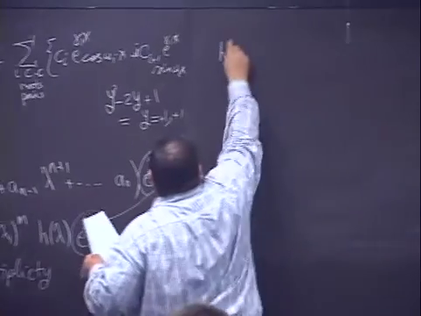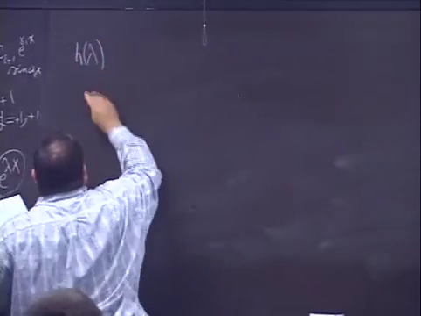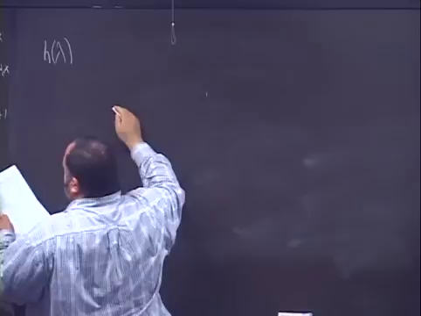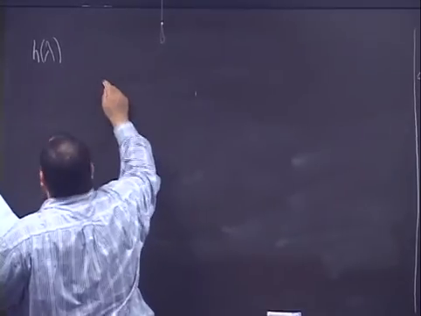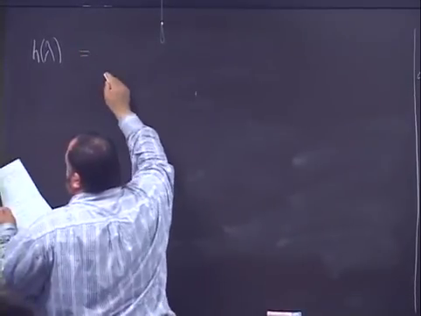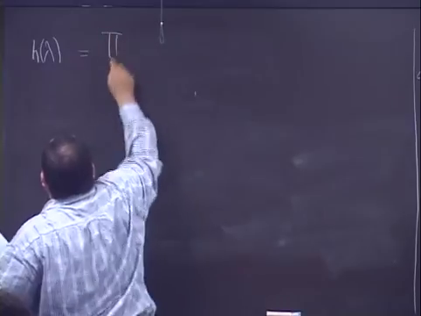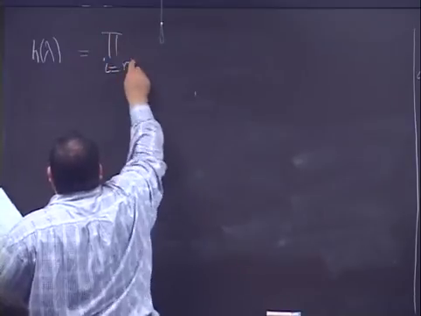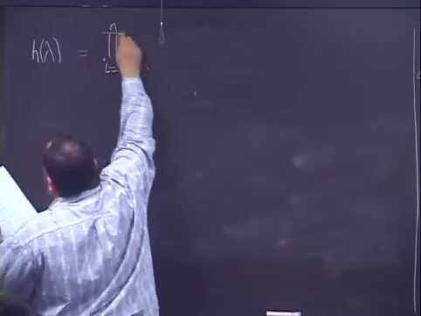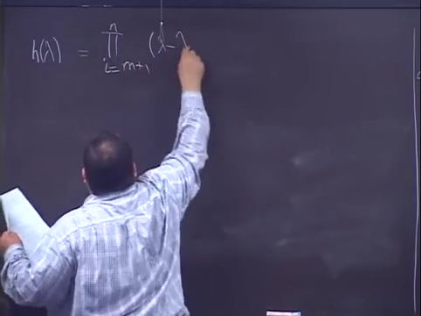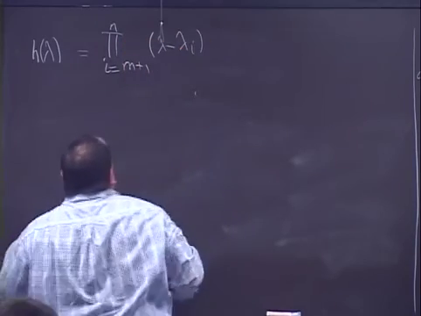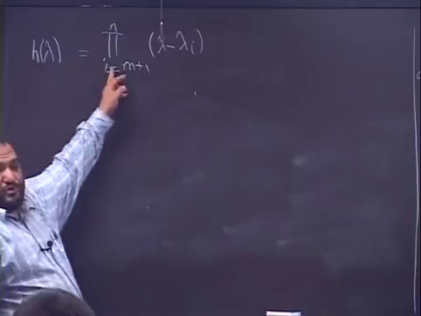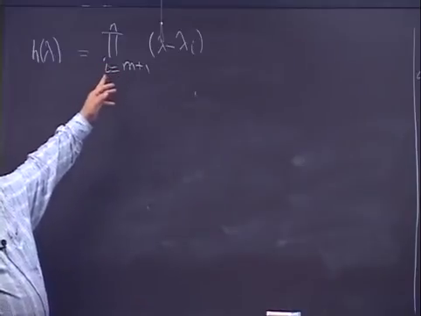Now, h of lambda will be the remaining distinct roots, and this will be just the product from i equal to m plus 1 up to n of lambda minus lambda i. You know what product is, multiplication.